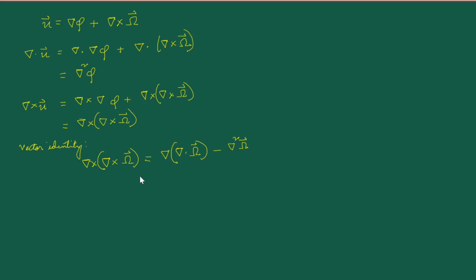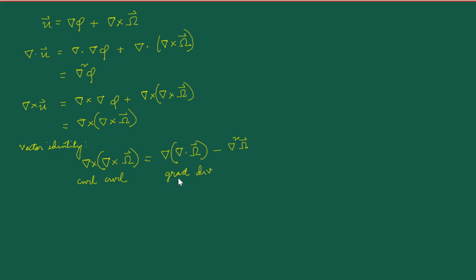Now this seems like a rather hard thing to remember. You can remember it through words: the curl operating on the curl is equal to the grad div, where div represents the divergence.